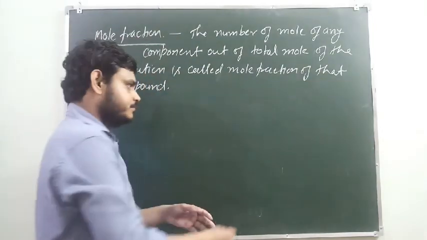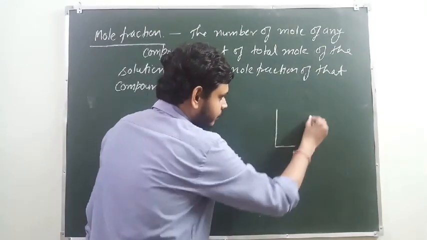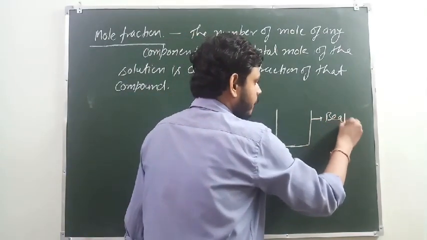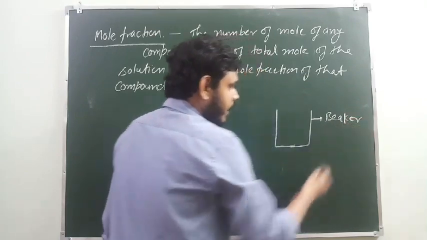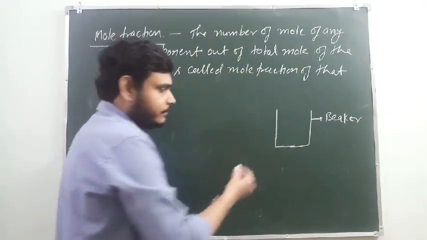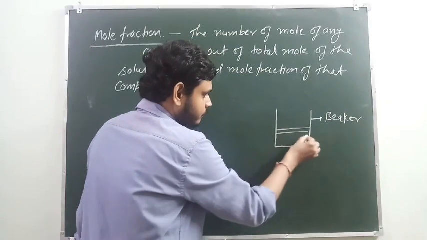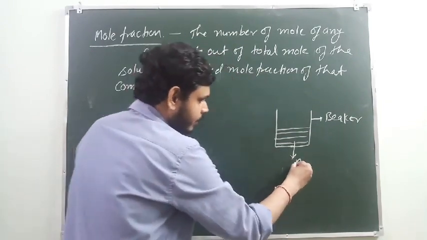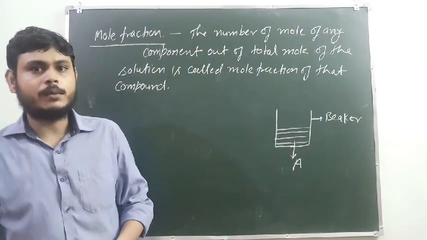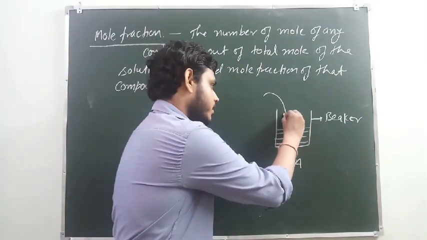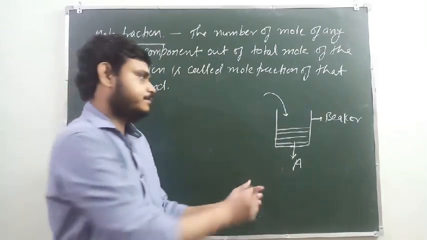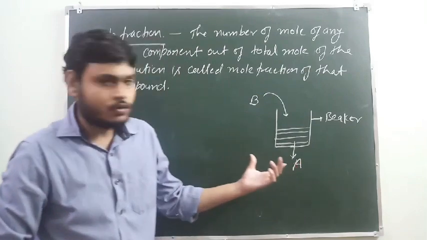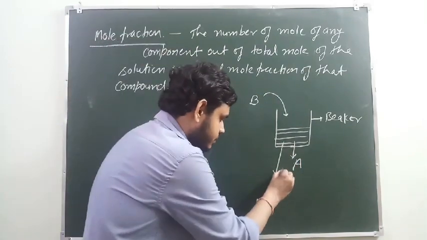For example, suppose it is a beaker, and the beaker is filled with the component A. Now we add the component B into the component A. Then the solution becomes homogeneous.